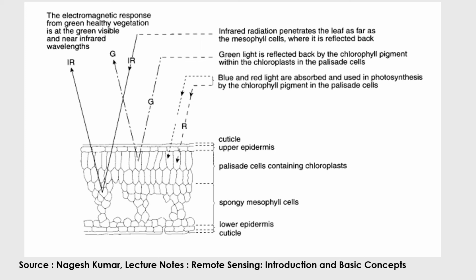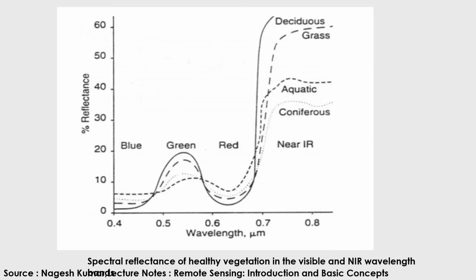This is the spectral reflectance curve against wavelength, and if we take just the visible wavelengths, we can see the reflectance of deciduous, grass, aquatic, coniferous, near infrared, red, green, blue. For each band, you see different types of reflectance. So this is the reflectance of green.